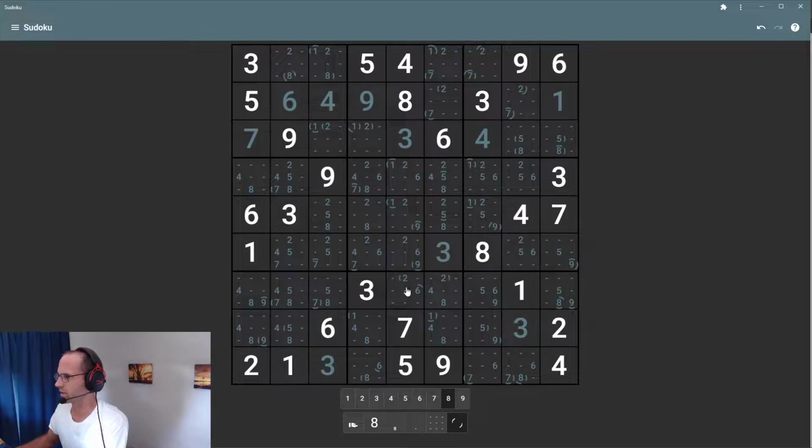Makes that a 2 and a 6. I don't see it, but that 1-4 pair eliminates the 4s from here. I don't see anything off the top of my head to do with that, but that's kind of cool. We're getting a lot of action here is the main thing.